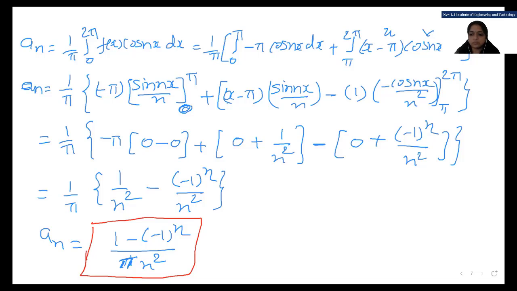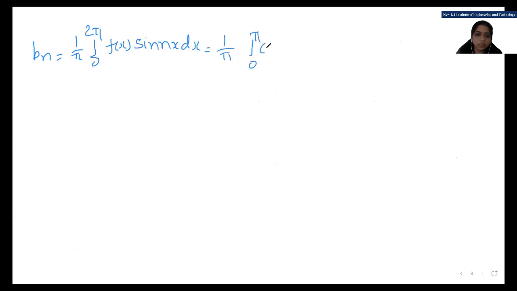Now for the bn. Here bn is 1 by pi, integral 0 to 2 pi of f of x sin nx dx. Same as an, for 0 to pi, here minus pi sin nx dx, plus pi to 2 pi, here x minus pi sin nx dx.